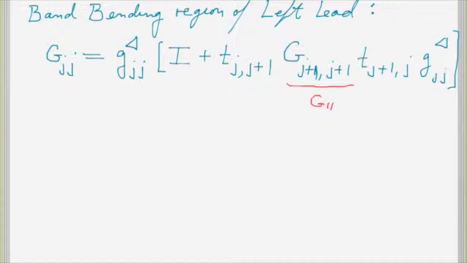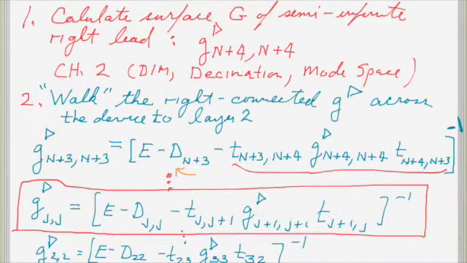The very first thing we did, calculating these right connected Green functions and walking them all the way from the right lead across the device, they all have to be stored because I'm going to reuse them. If they tend to be big blocks, that gets to be problematic.